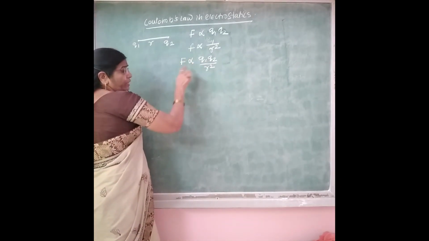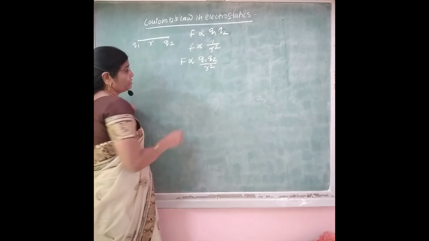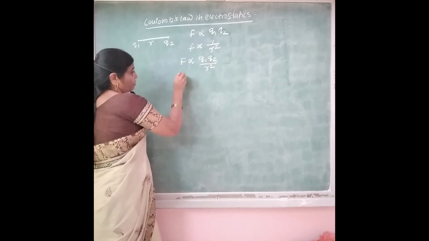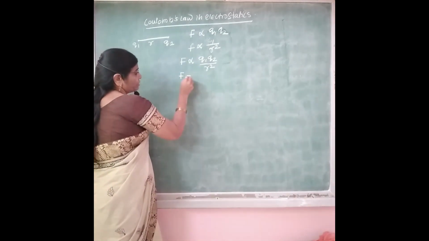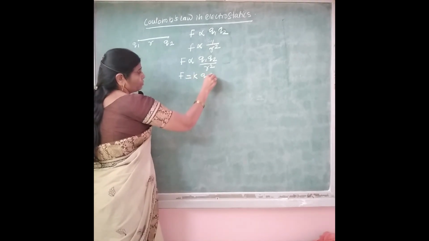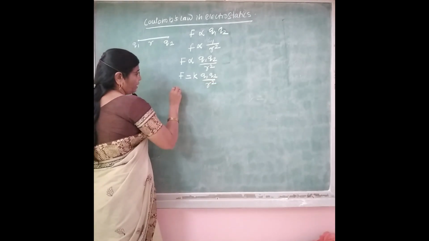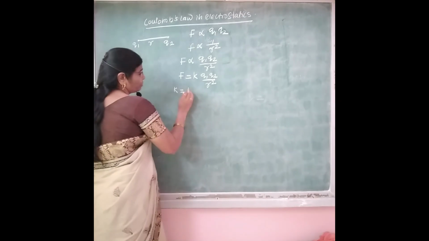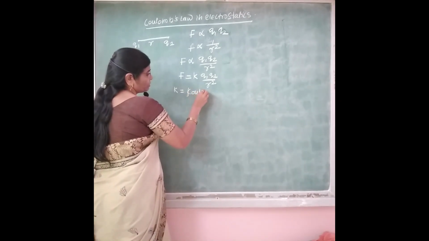When we have to remove the proportionality sign, for that we have to introduce a constant, that is k. F is equal to k Q1 Q2 divided by r square, where k is called a constant, or we have to say that it is Coulomb's constant.